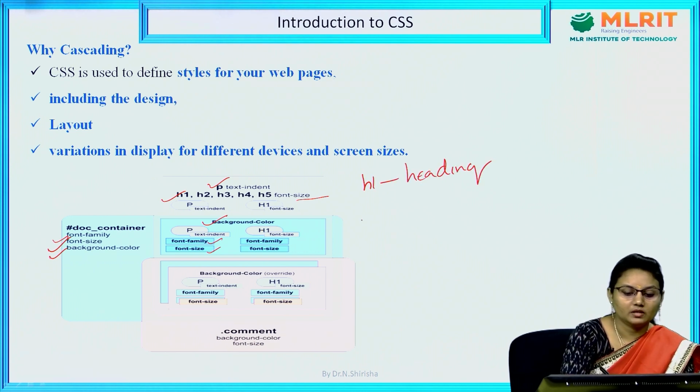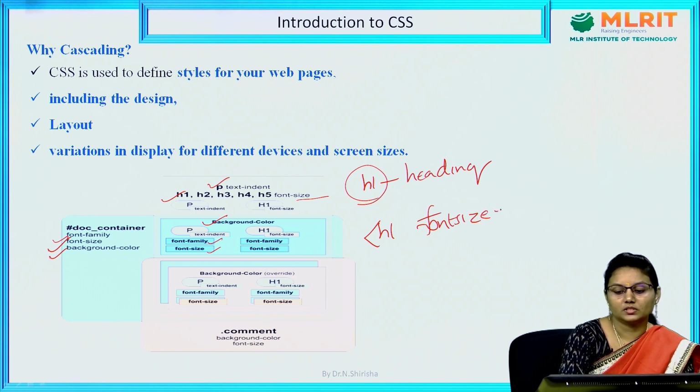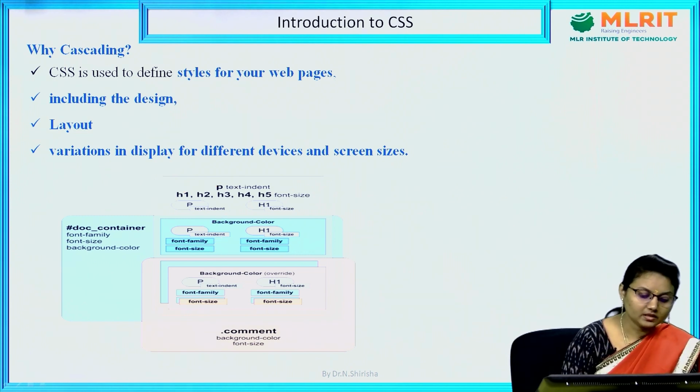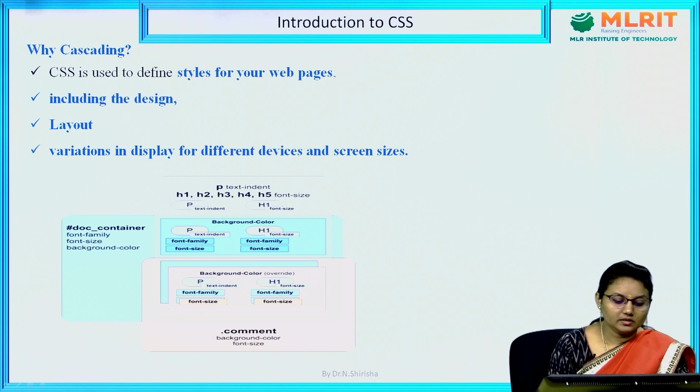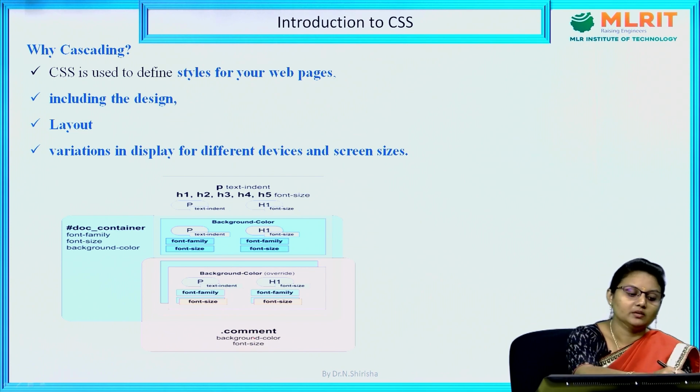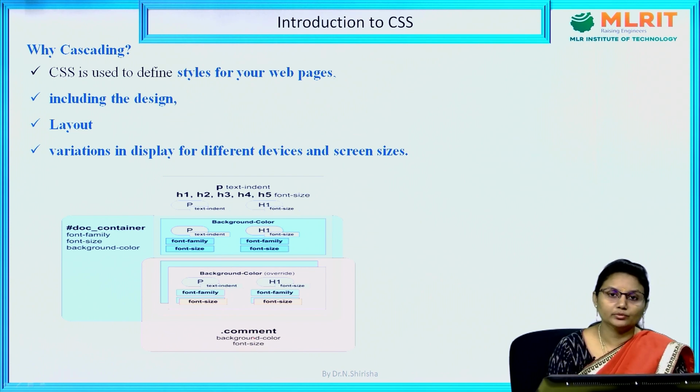If you want to change the font size of H1, you can give the font size as 18, something like this. This is also a part of styling. Background color and font size can also be given. These are the normal tags that we use in HTML and their styling.